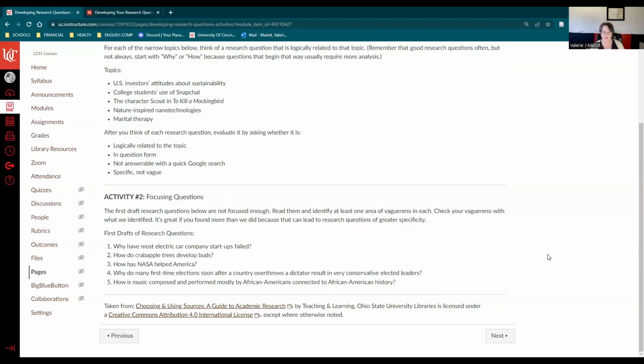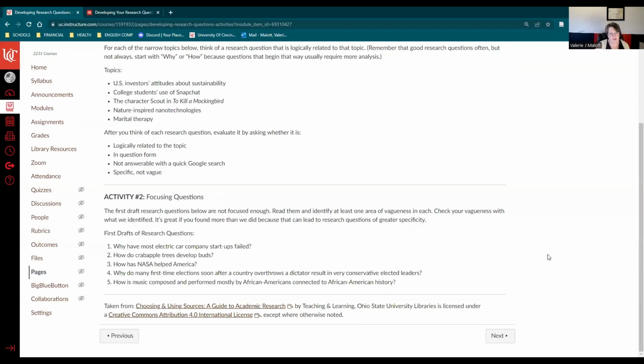And then on the following page, there's an answer page. You can check your vagueness with what is identified. It's great if you found more than one, because that can lead to research questions of greater specificity, where you want to be specific and not vague.